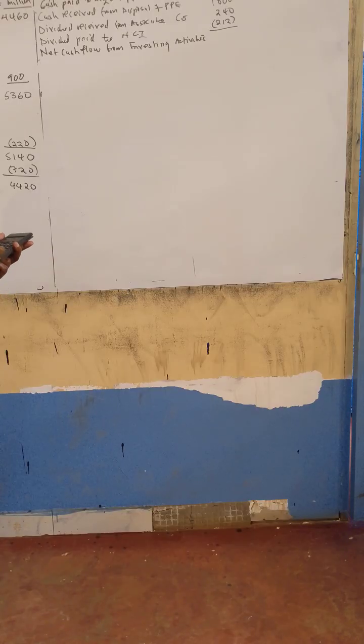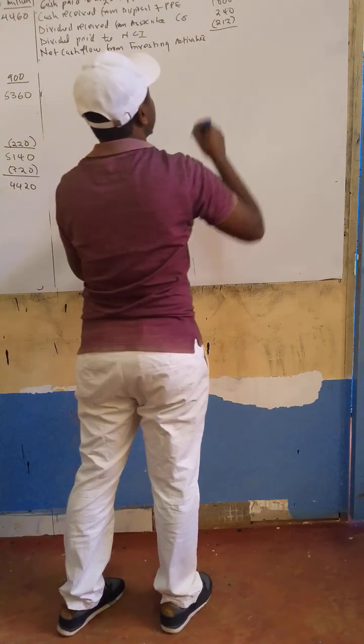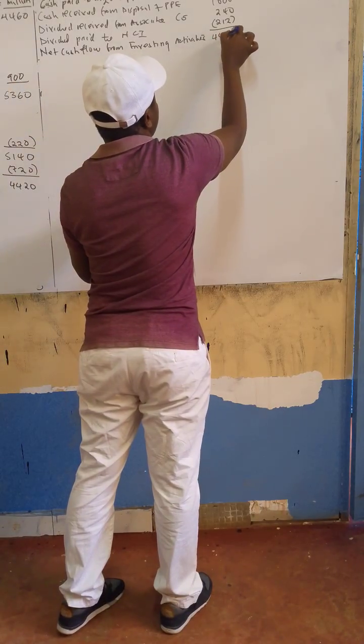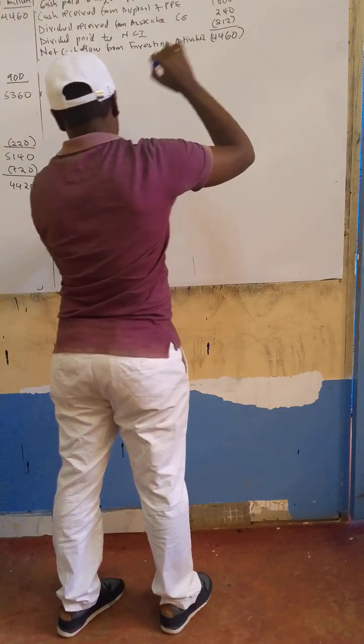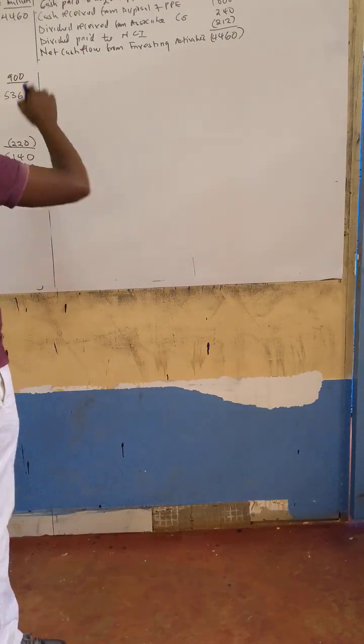So let's work it out. 600 negative plus 3512 minus 3200 plus 1000 plus 240 minus 212, you get 4460. 4460 negative, because cash went out.